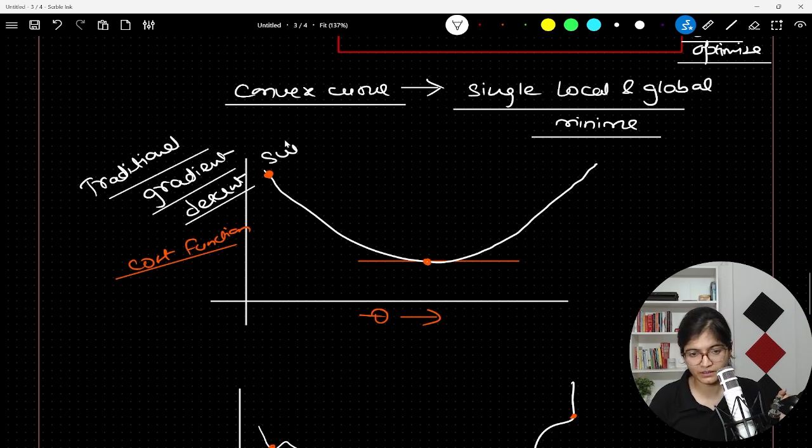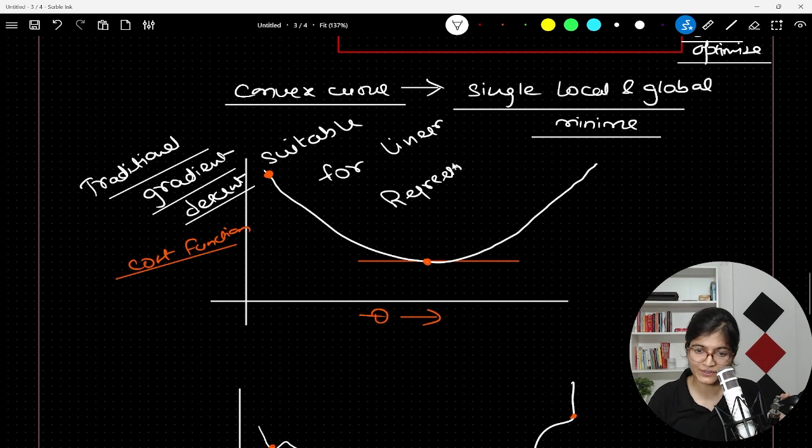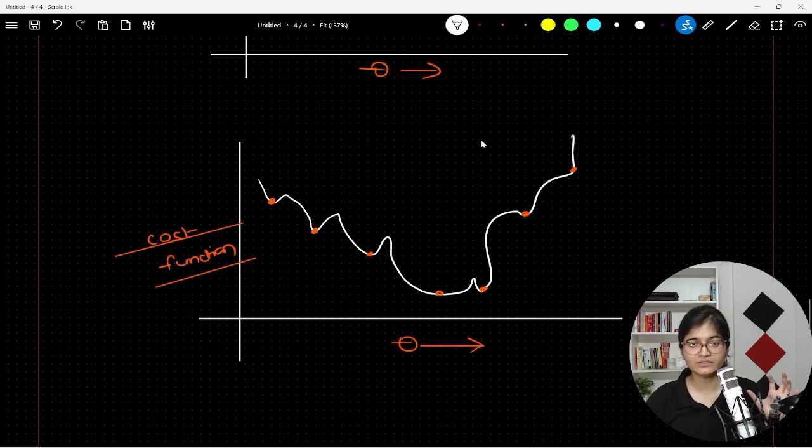So traditional gradient descent is suitable for linear regression, right? But in logistic regression, because the sigmoid function comes into the picture, it creates a non-linear transformation. It creates a situation where I will have multiple local minima.